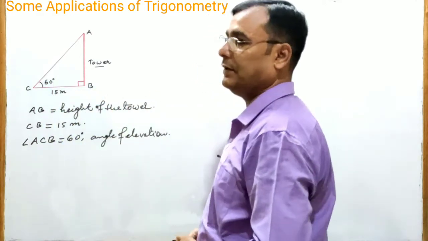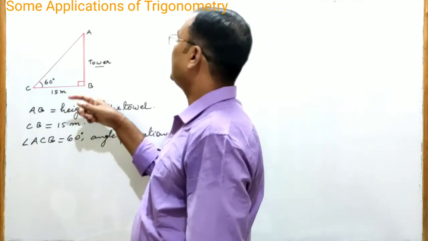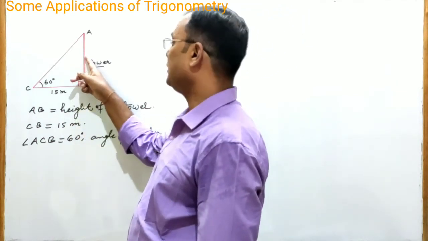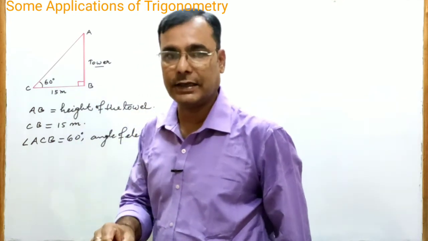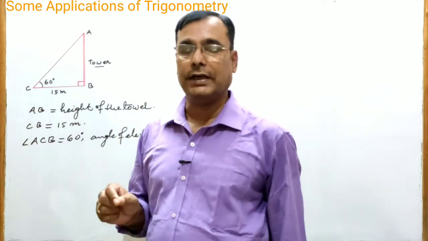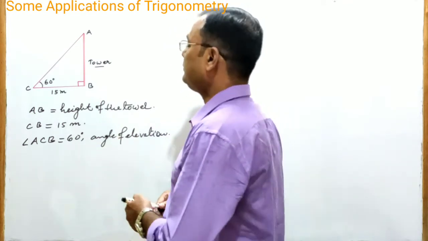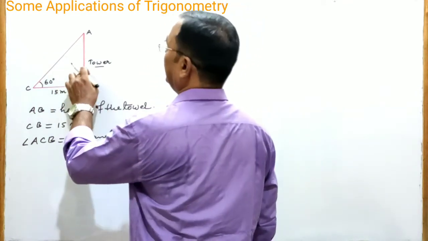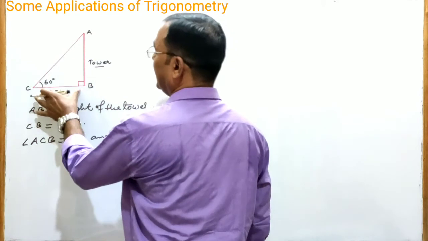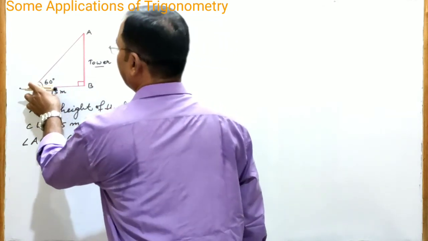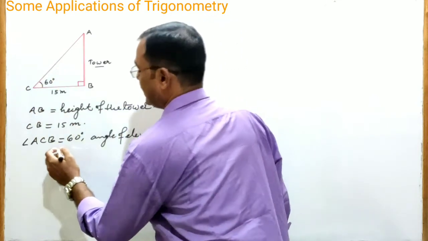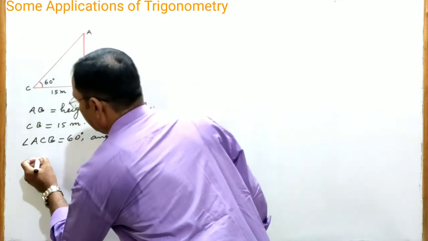We know the relationship between the perpendicular and base of a right angle triangle with respect to an acute angle. Here we are going to apply AB by CB is equal to tan of angle C, which is equal to 60 degrees.